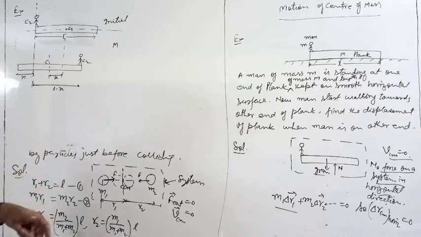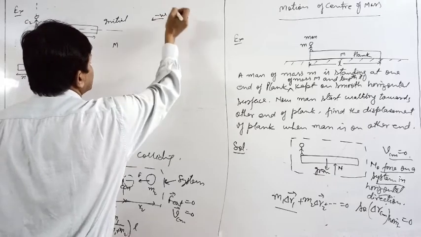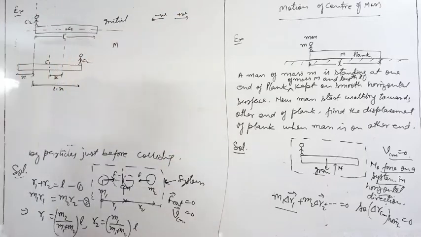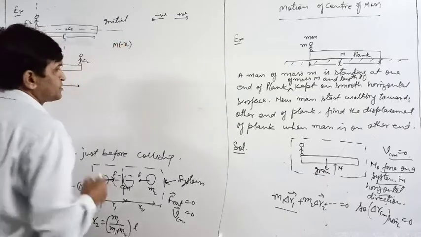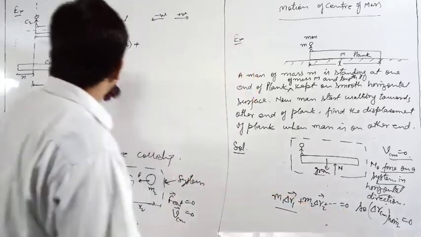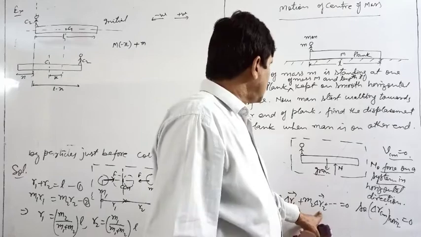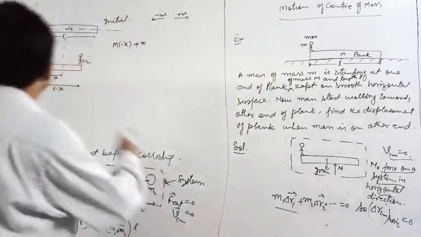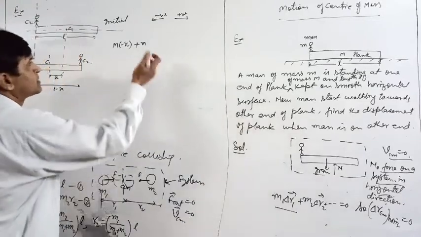We can define the direction: left side we consider as negative and right displacement as positive. The plank displacement to the left side is negative. How much is the displacement of the plank's center of mass? x. So it will be minus x because it is the left side. Plus M2, the next body, is the man. Mass of the man is m. Delta R2 is the displacement of the man from here to here. How much? L minus x. In which side? Right side. It is positive.